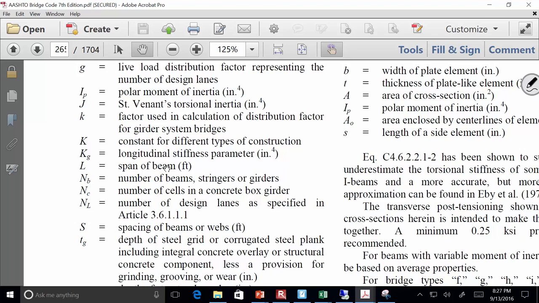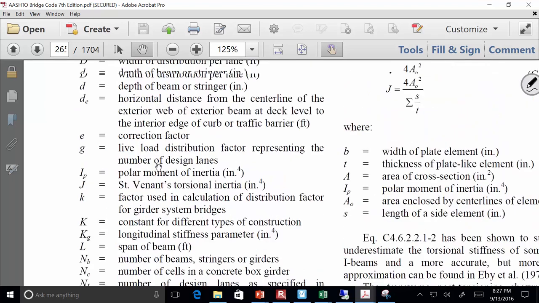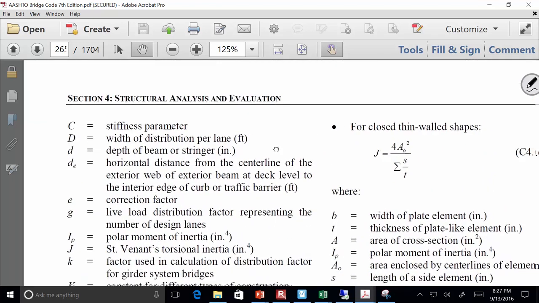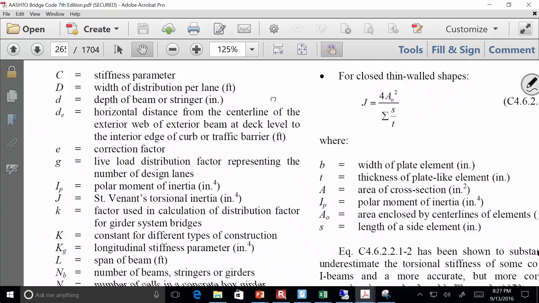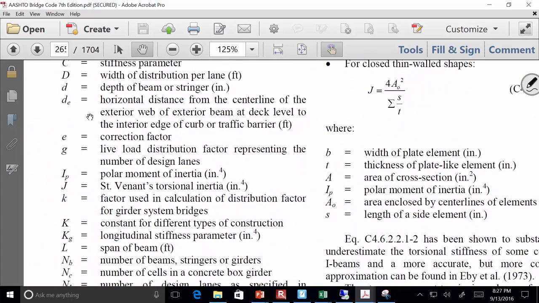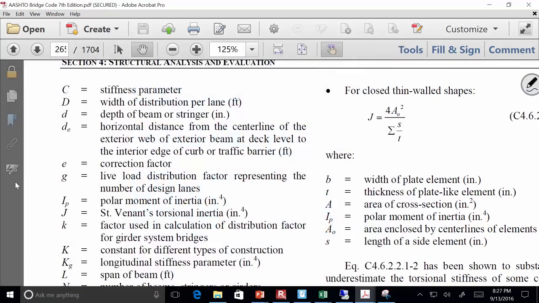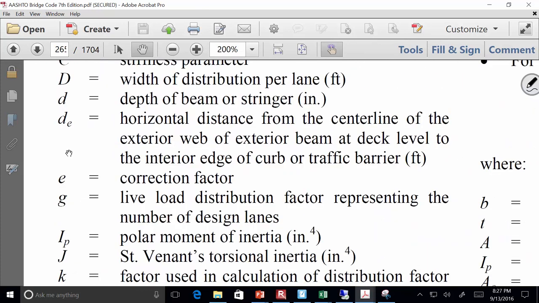Okay. So this is on page 4-31. Here I've got DE, and I'm going to read that out. DE: horizontal distance from the center line of the exterior web or the exterior beam to the interior edge of the curb or the traffic barrier.